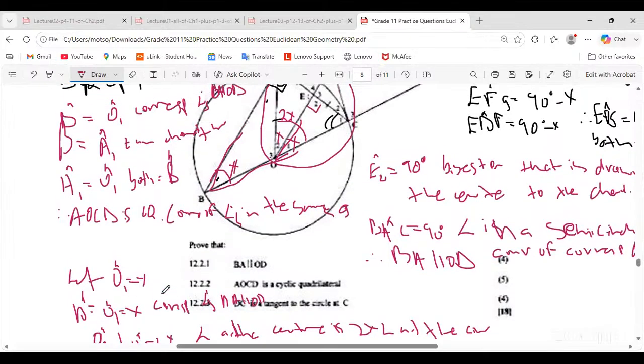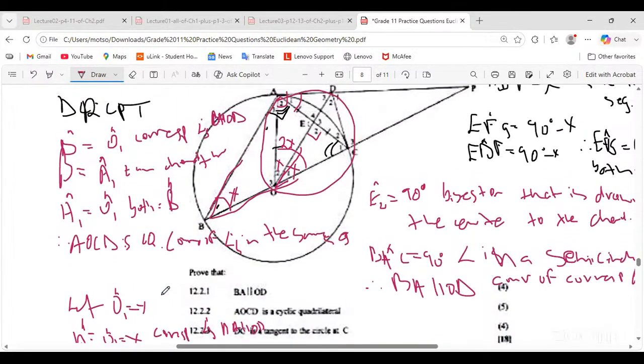Now, what will C2 be? Will C2 be equal to O2? C2 and O2, because we have proved that this is a circle and that will be a cyclic quad. Therefore, C2 here will be equal to O2.